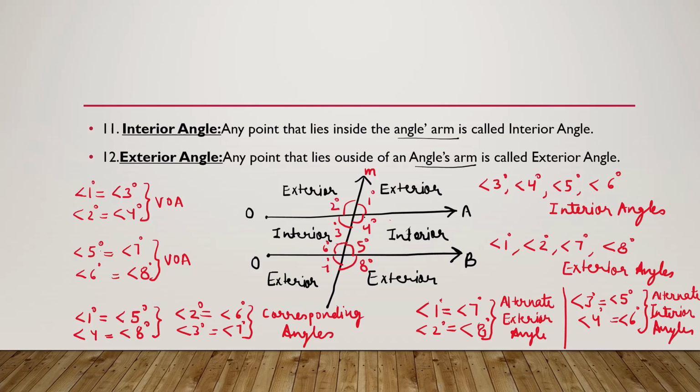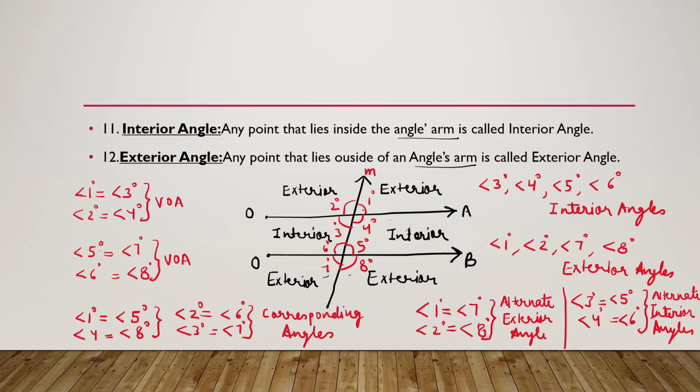This area is interior and these are exterior. So angle 3, angle 4, angle 5 and angle 6 are all interior angles. Angle 1, angle 2, angle 7 and angle 8 are exterior angles. Angle 1 equal to angle 3, angle 2 equal to angle 4, those are vertically opposite angles.